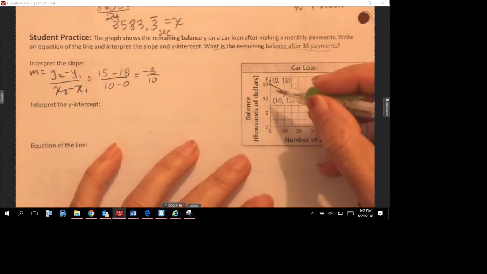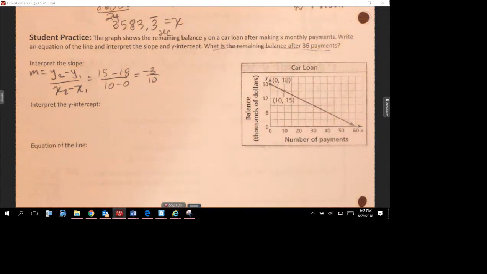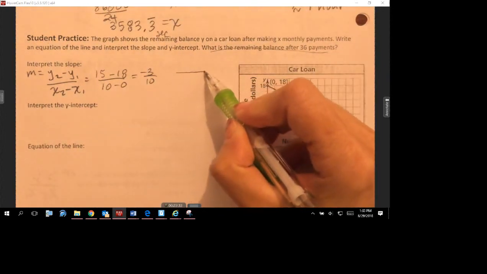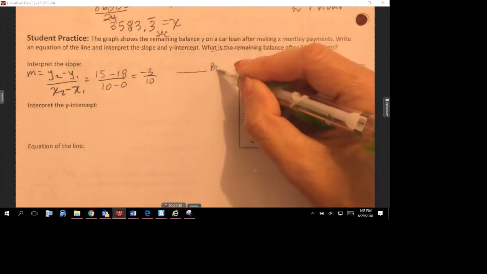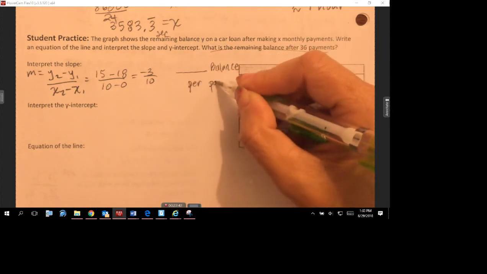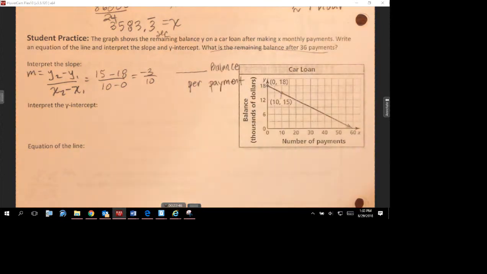The balance is the y, so the top, negative 3, has to do with the balance, and the number of payments is the x, so that 10 has to do with the number of payments. But when you interpret the slope, write it so it is balance per payment. So not per 10 payments, but per payment.